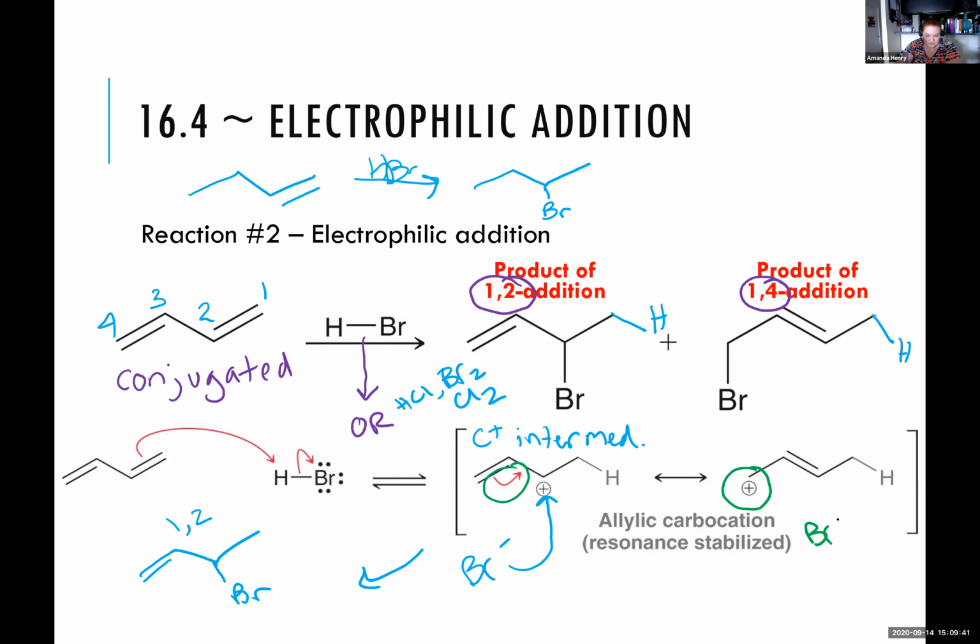So we can do the bromine attacking that carbocation, and now we get the 1,4 product. So the 1,2 addition is just simple: we add a hydrogen, we add a bromine. The 1,4 addition is what occurs if resonance happens in between the two steps.